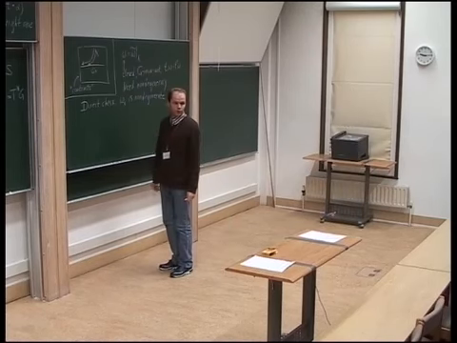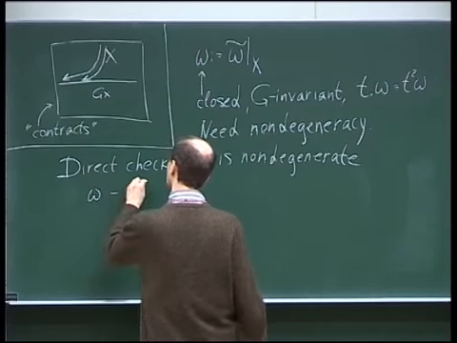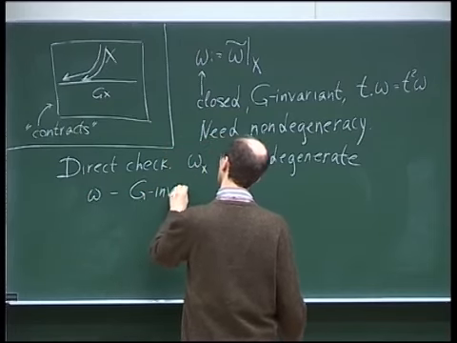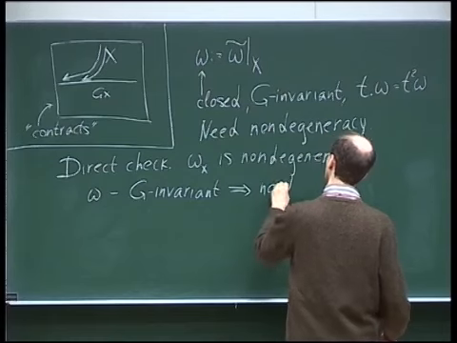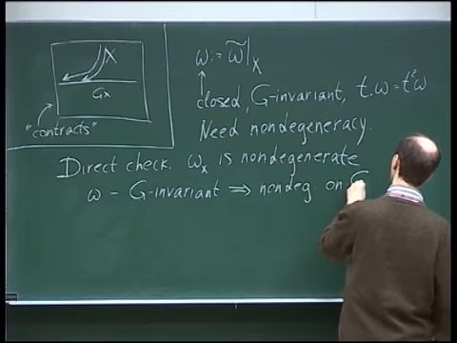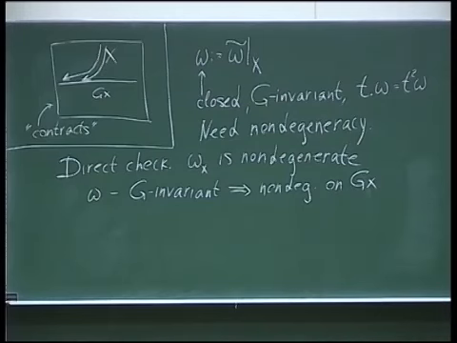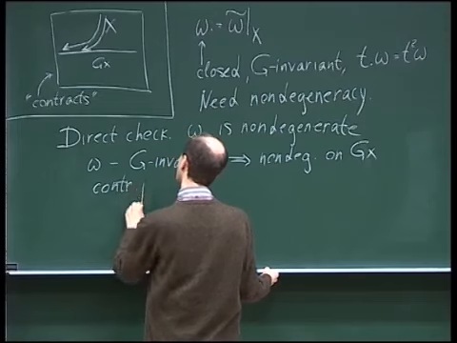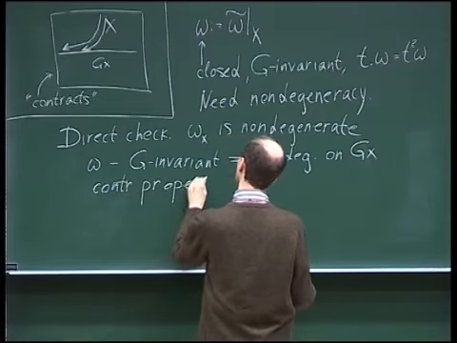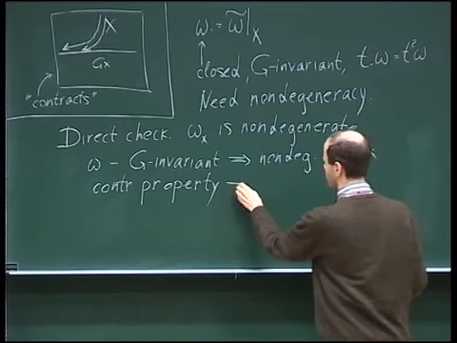Now this form is G invariant, so it's non-degenerate on the whole orbit Gx. And finally, this contraction property shows that it's non-degenerate everywhere.